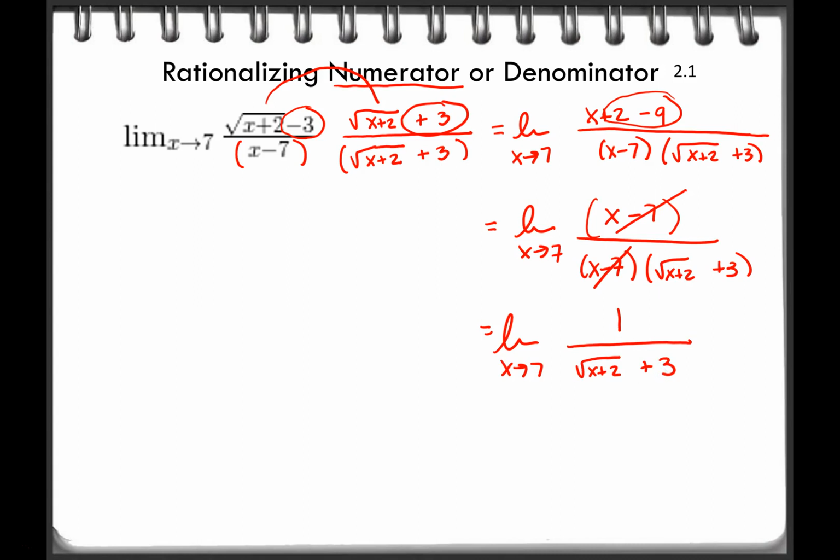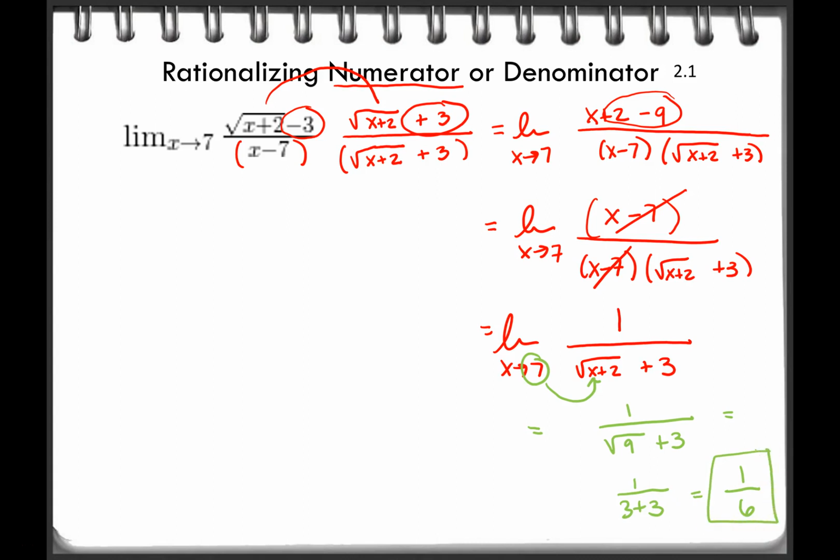Okay, so plugging into that, that's going to be equal to 1 over the square root of 9 plus 3, right? Because I took the 7 and I plugged that in right there. So that's going to be equal to 1 over 3 plus 3 is equal to 1/6.